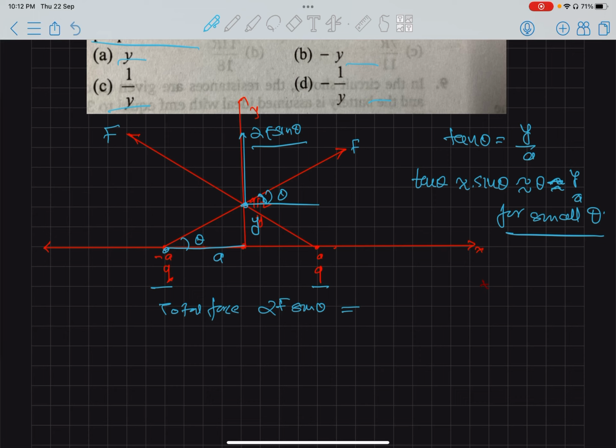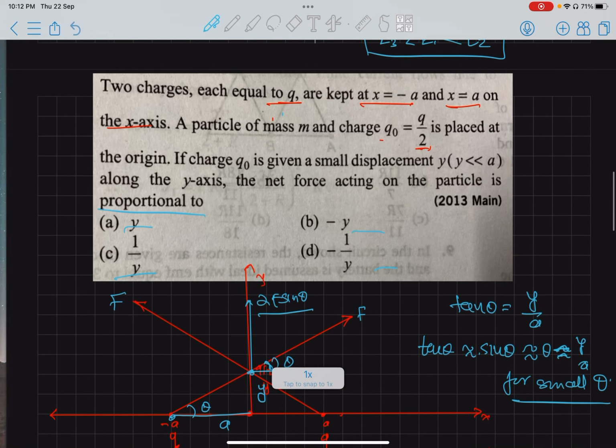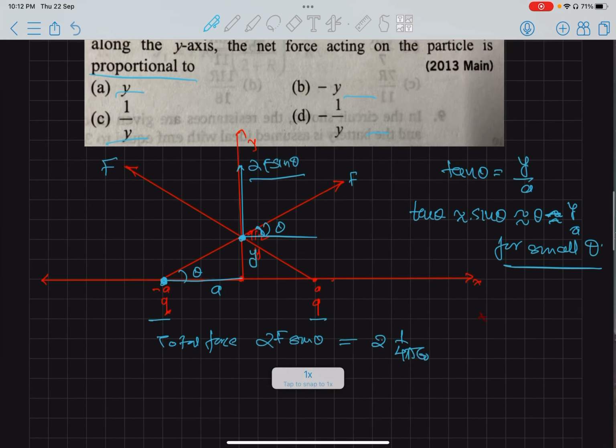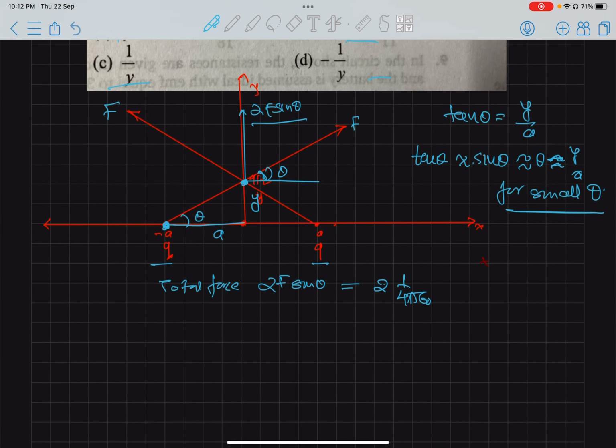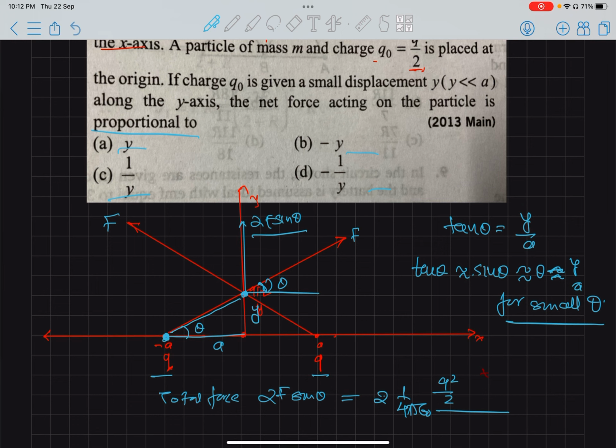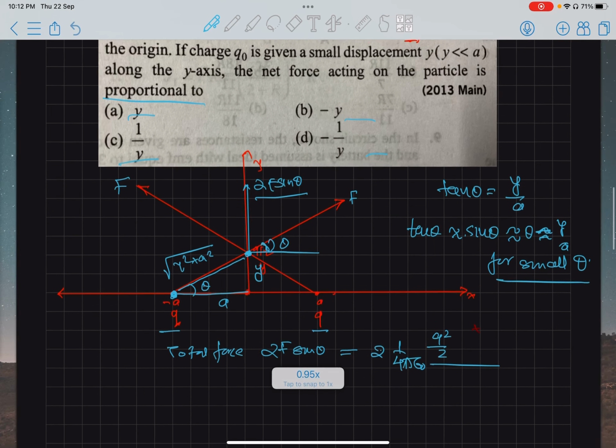What is F? 1 upon 4 pi epsilon naught, times the force we are calculating between these two charges. So this is Q and this is Q by 2. So Q into Q by 2 will be Q square by 2, and the whole divided by this distance square. Now we know by Pythagoras this distance is the root of y square plus a square.